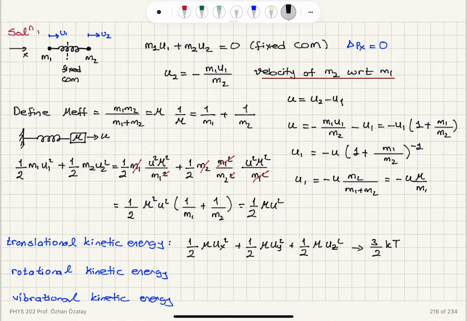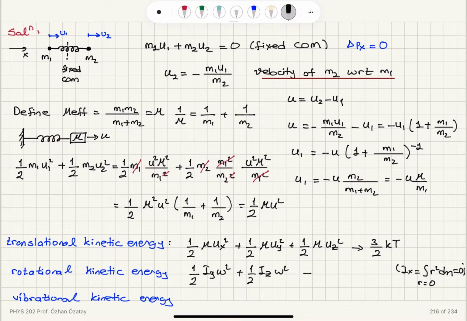Then we have rotational kinetic energy, which is 1 over 2 Iy, moment of inertia for rotations about the y-axis, omega squared, plus 1 over 2 Iz omega squared. There is no Ix because Ix is 0. Remember that moment of inertia Ix, which is the integral of r squared dm from the x-axis, is equal to 0 because r is equal to 0 with respect to the x-axis.